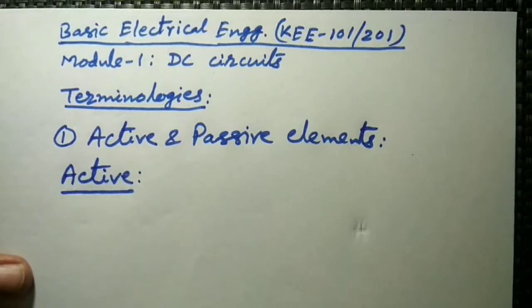The active elements are those components which produce energy in the form of voltage or current. These are called the active components.